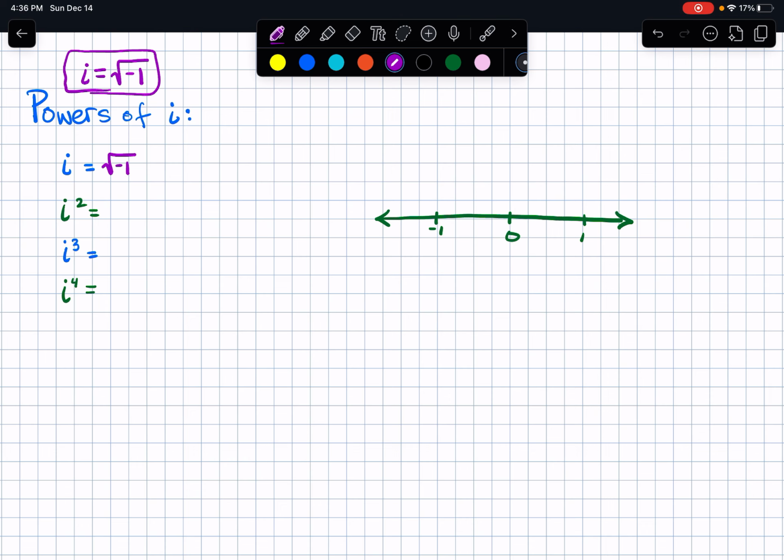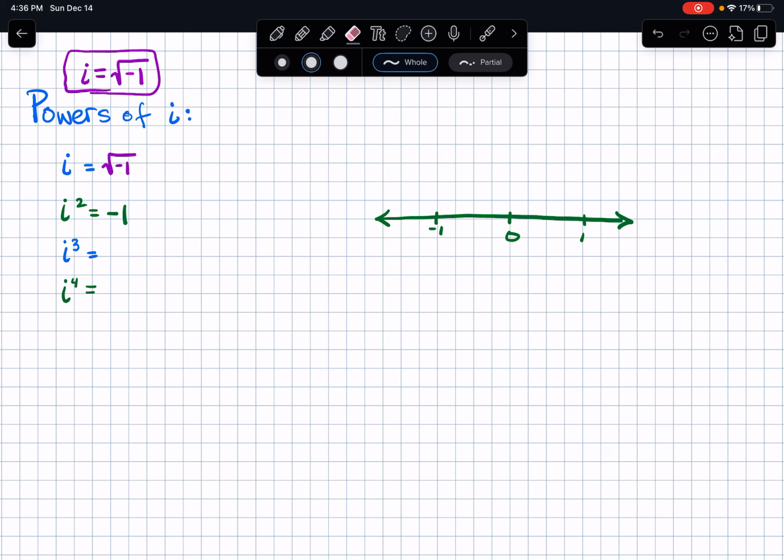So first, if we raise i to the second power, we can imagine that like squaring both sides of this definition. If I square i, if I square the square root of -1, then I'm going to get -1, because the square root of -1 squared will just be -1. So if i is the square root of -1, i squared will be -1 itself.